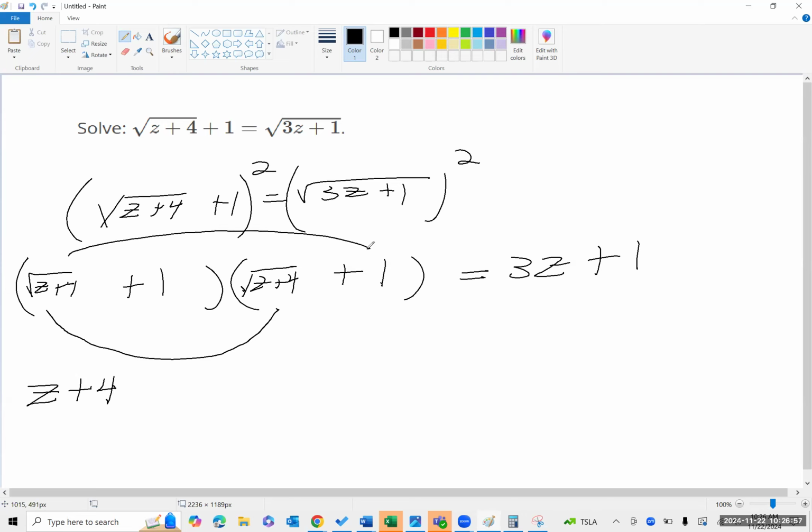Then the outer is 1 times root z plus 4. So that's root z plus 4. The inner is also 1 times root z plus 4. So you have another root z plus 4. And then the last is 1 times 1, which is 1.